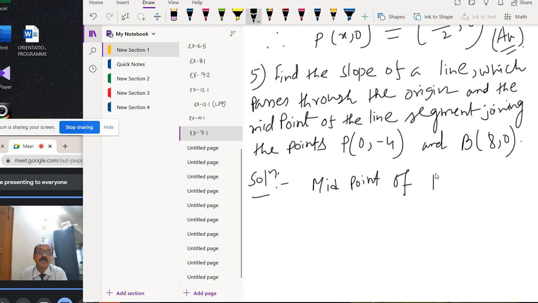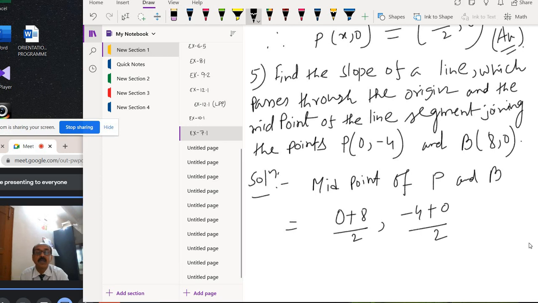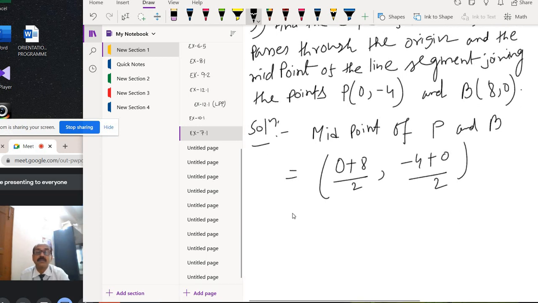Midpoint of P and B is 0 plus 8 by 2, comma minus 4 plus 0 by 2. So it will be 4, comma minus 2. 4, comma minus 2 is the midpoint.